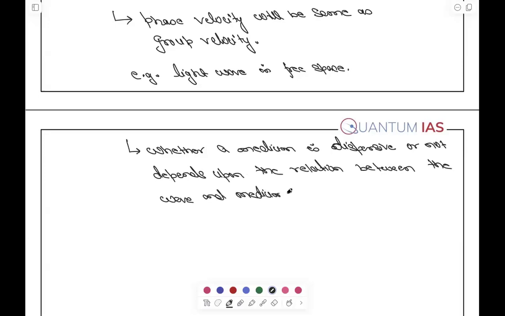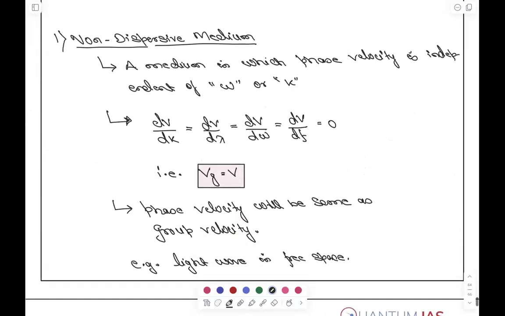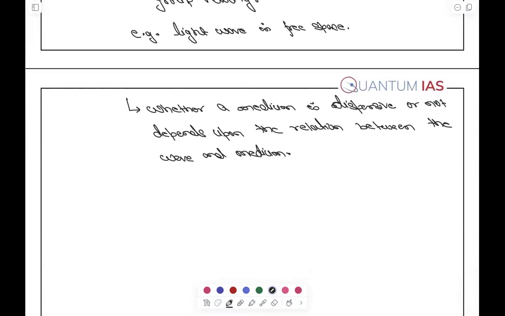That means, can I say that water is non-dispersive? Can I say that water is a non-dispersive medium?